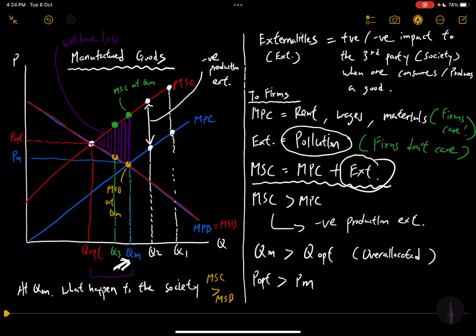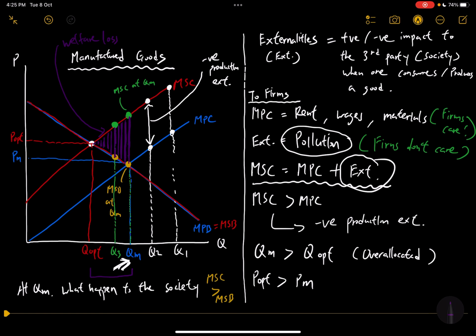And now you're able to explain fully every single element in this diagram, like how come when a firm is making manufactured goods and doesn't care, they are going to create the negative externality. And so at the end, we overproduce some goods, and the losses can be visualized by looking at the welfare loss. Okay. So there you have it.